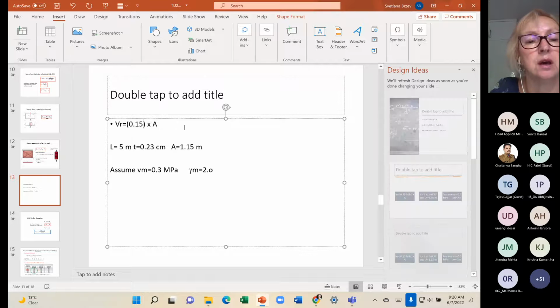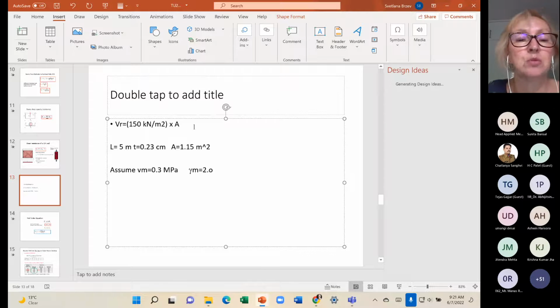So that would be 150 kilonewtons per square meter times A, so that would be 1.15 square meters. Just to get a sense for the values. I always teach my students in whichever course I give that it is very important to get a sense for the values.